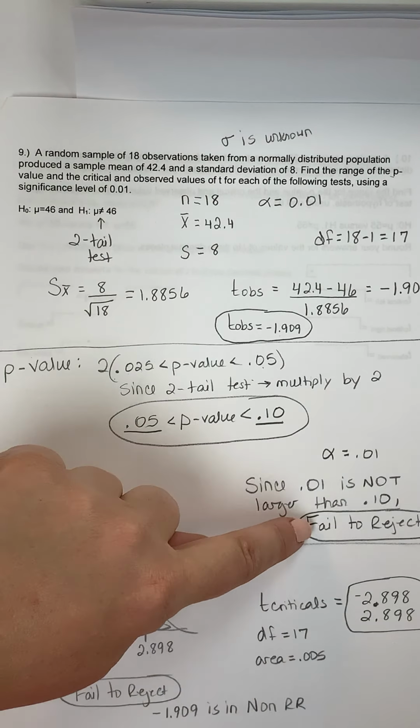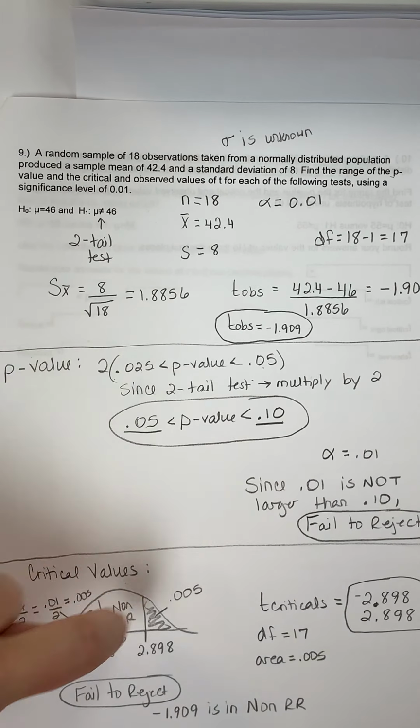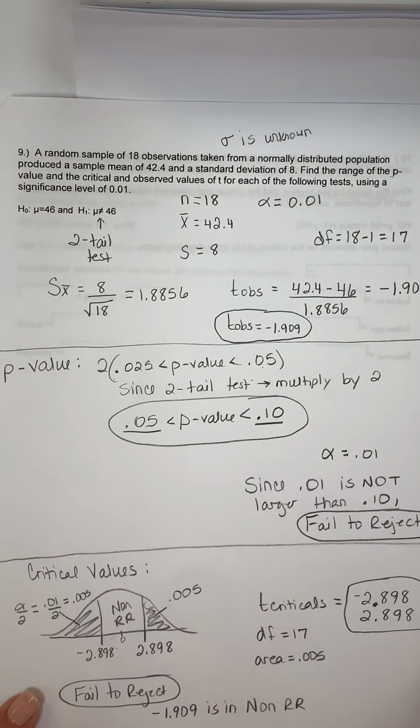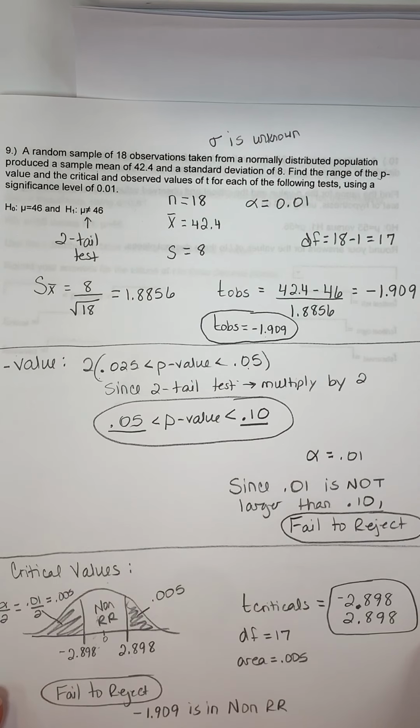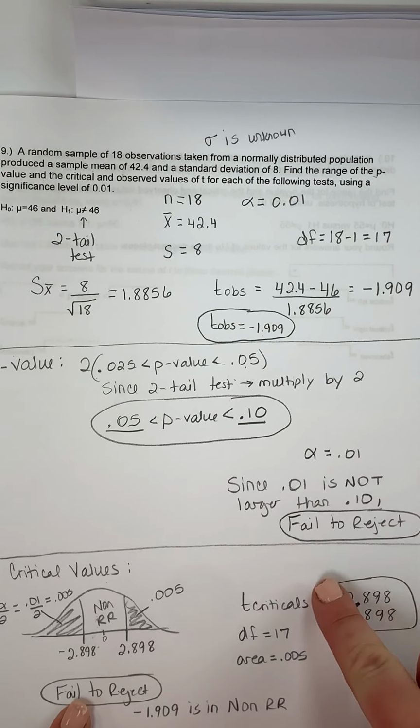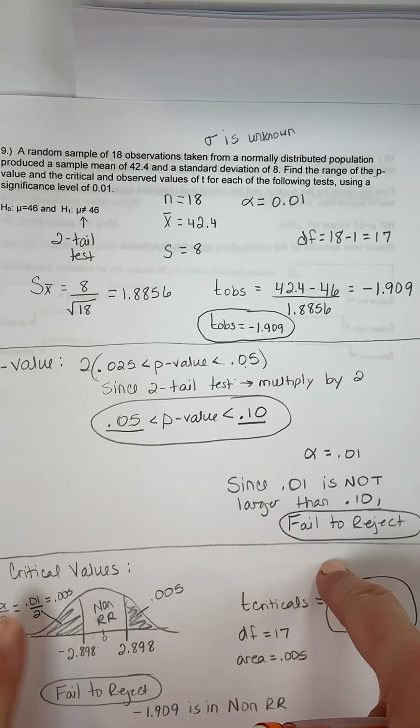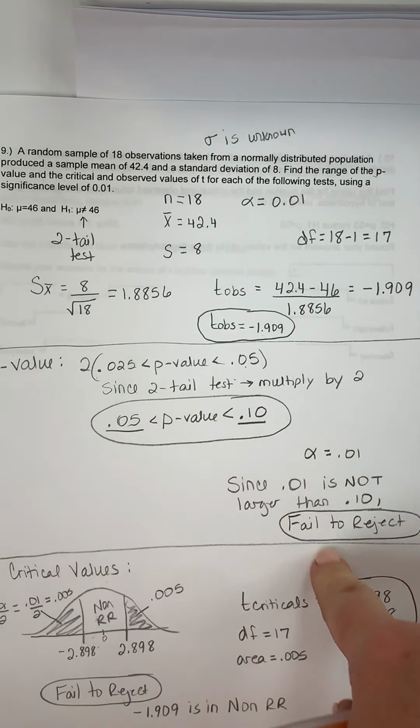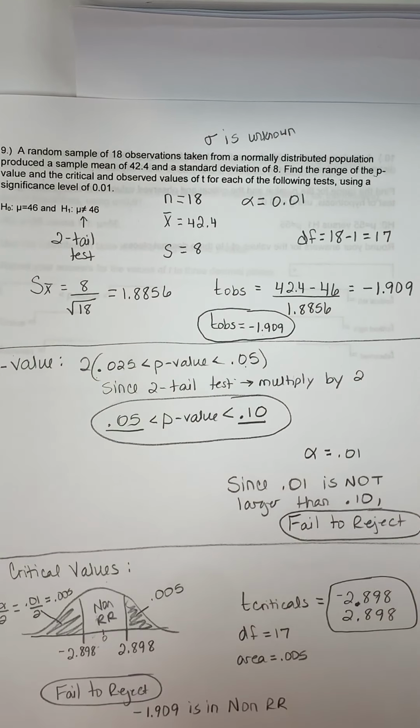So you can see that no matter which approach you take, you should get exactly the same result, right? Exactly the same result. So this problem wanted a lot. T observed, you find first because you're going to need it for both approaches. Find your p-value. Find your critical values.